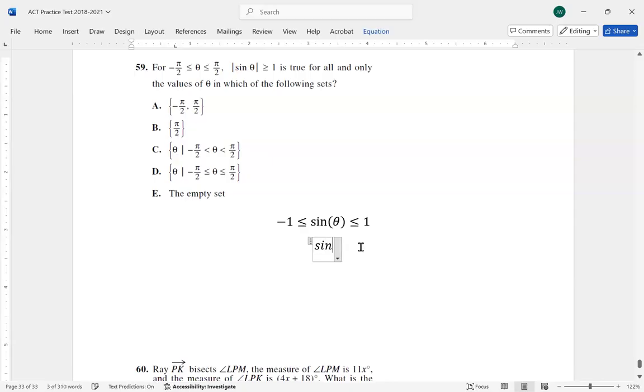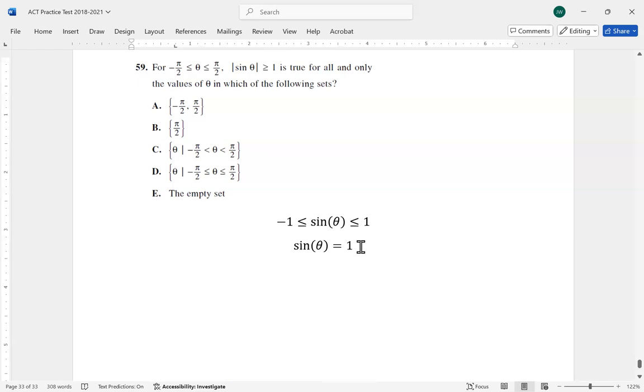So if I have sine of this angle, when is it equal to 1, and when is it equal to -1 on this interval from -π/2 to +π/2? Well, it turns out that for sine to be 1, the only way we can get a 1 is if we're at π/2. So this means that the angle theta had to be equal to pi divided by 2.